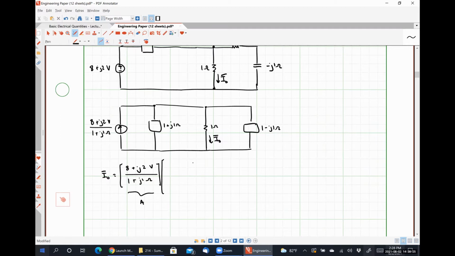So this will be 1 over 1 ohm, 1 over 1 plus J1, 1 over 1 ohm, and then 1 over 1 minus J1. And I certainly hope that I get the same result as I just did when we worked the problem using superposition.